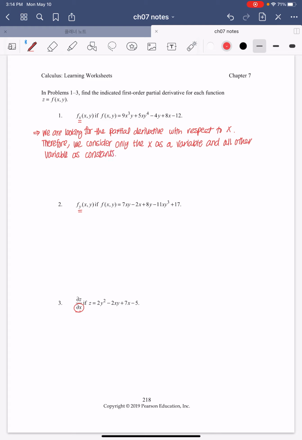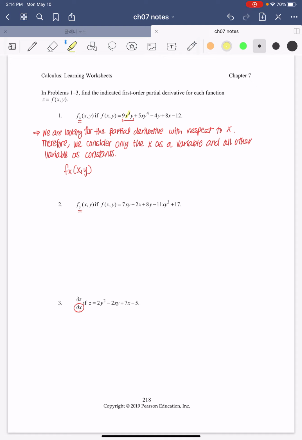Okay. So let's try this one. That means term by term, I'm going to differentiate with respect to x. Here, x is the variable, and then 9 and y are just constants. So how do you take the derivative of x cubed?